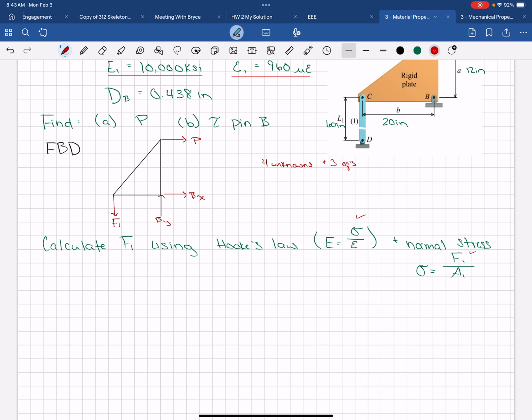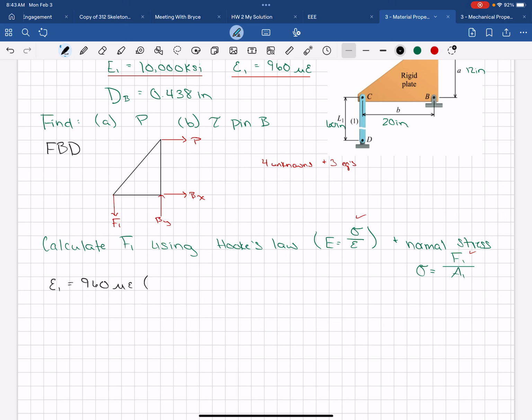Okay, so first we're going to turn the strain that is currently in microstrain to just strain. So strain 1 equals 960 microstrains.